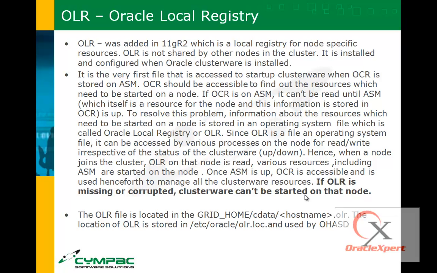Accordingly, the SP file is read, the background processes are started, memory is allocated, ASM instance goes from nomount to mount, disk headers are scanned, the necessary disk groups are mounted, and this is how it accesses the Oracle cluster registry. So very important. The OLR file is located by default under grid home, cdata, hostname.olr, and that's what we have seen here.